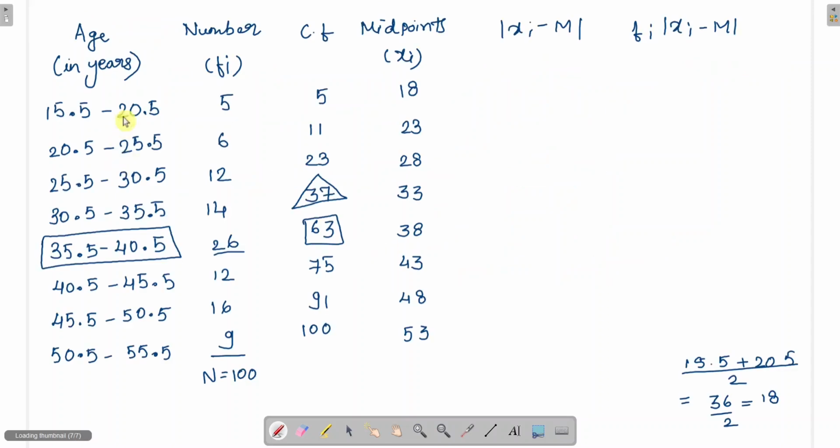You can check this 20.5 minus 15.5, that is 5.